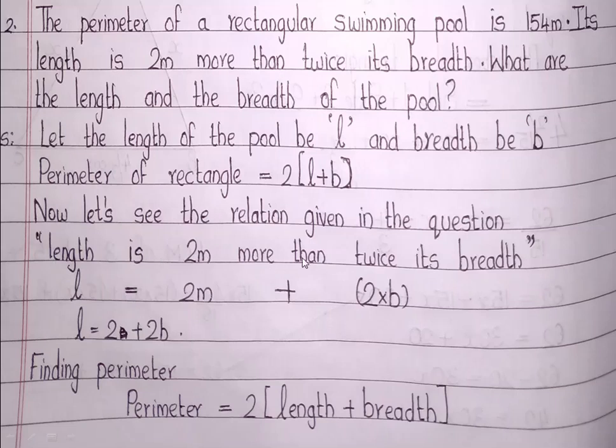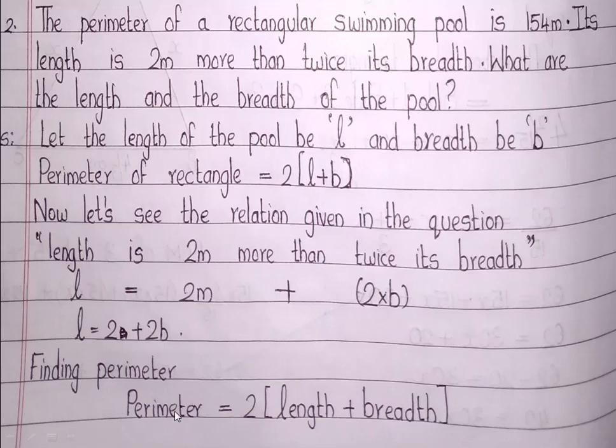So, length is 2 meter more than twice its breadth. We will write it as length is equal to 2 meter plus 2B. Or as an equation, how will you write? L is equal to 2 plus 2B. Students, this m is not a variable here. That is the symbol for meters, so no need to write it while you write the equation for length. L is equal to 2 plus 2B.